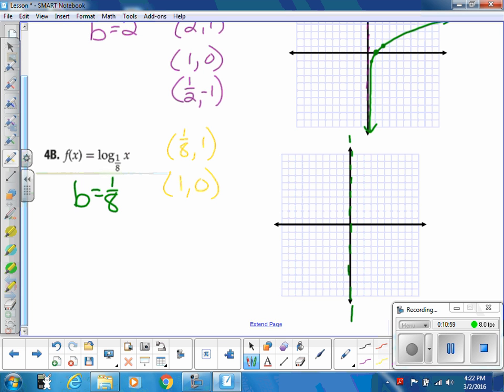And 1 over b, negative 1. So 1 over 1/8 is 8, negative 1. So here's my 1, 0, my 1/8, 1, and my 8, negative 1. And there's my graph.